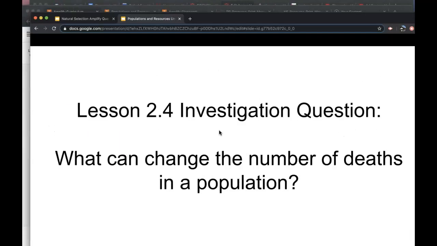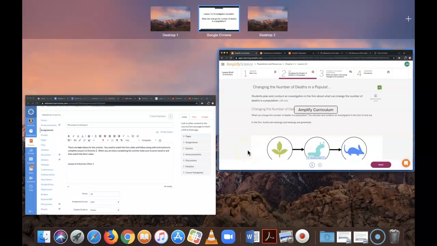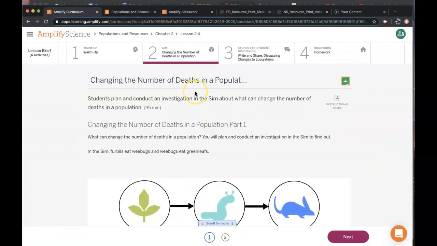This sim activity is very similar to the activity you did in 2.3. But instead of exploring the number of births, you are exploring the number of deaths.